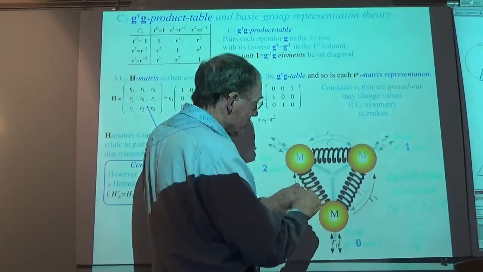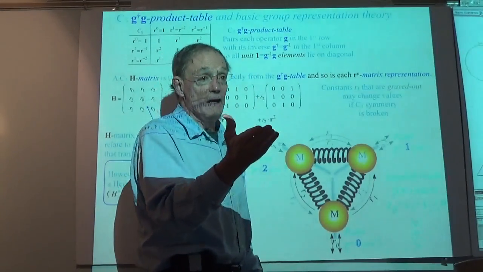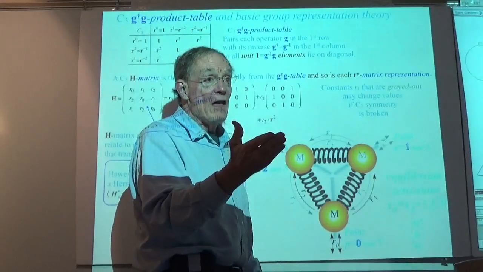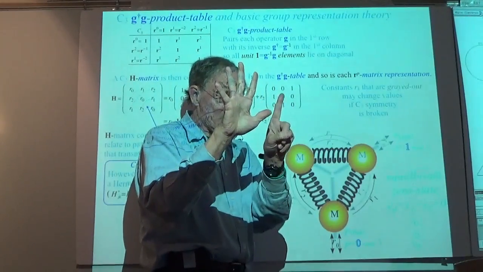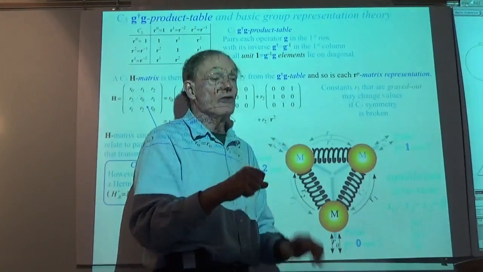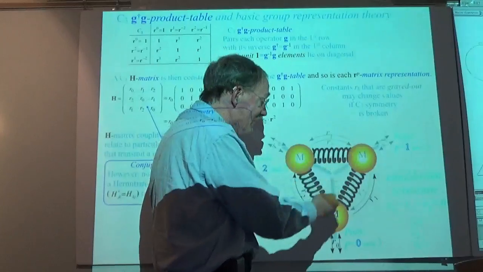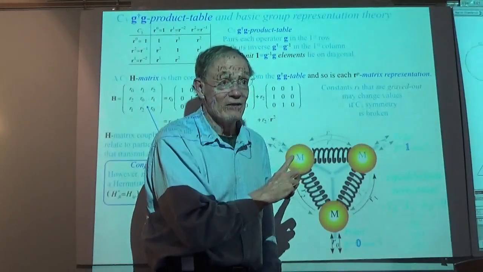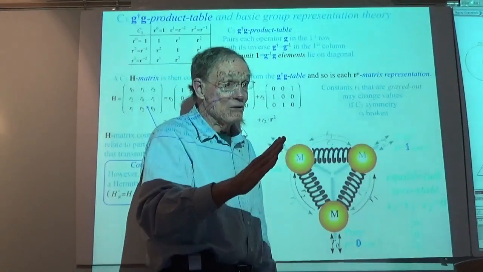Or if you were to have a 180-degree rotation here, that's called D3. But that makes you have 6 operators altogether, which is 3 factorial, the number of permutations of these 3 things. And that's definitely a non-abelian group.